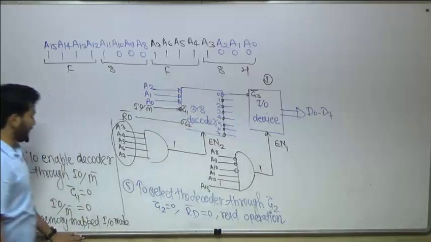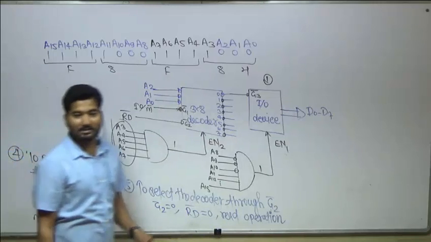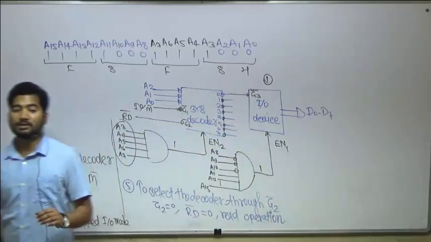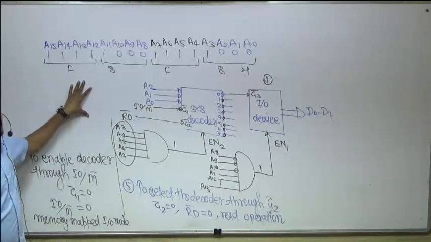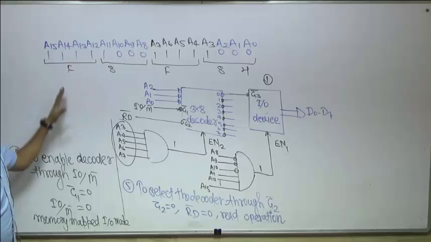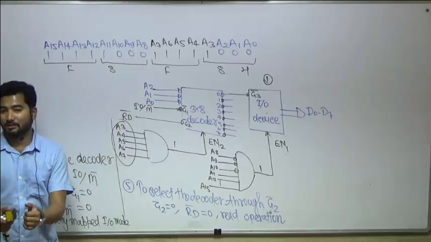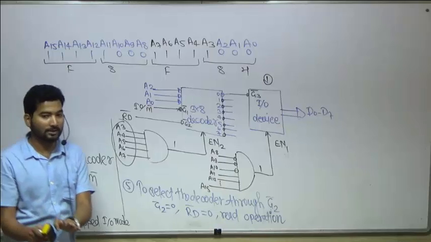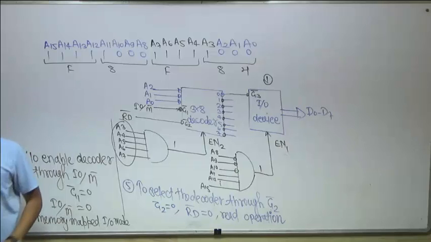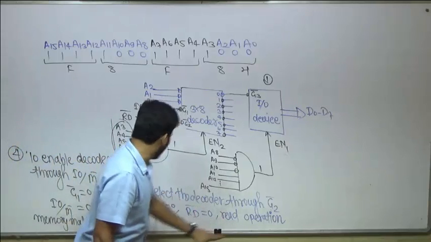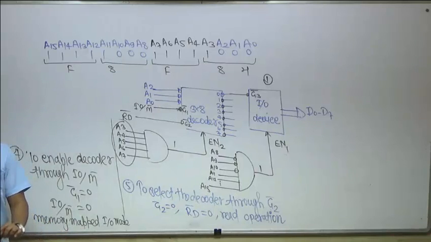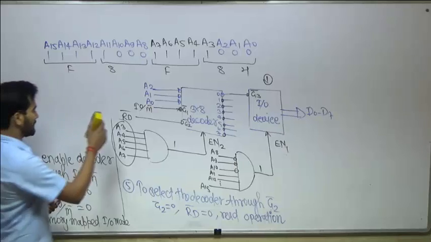In memory mapped IO mode, if you remember the classification, the instructions used are load accumulator 16-bit address, which is equivalent to read operation, and store accumulator 16-bit address, which is equivalent to write operation. So here the operation is read and the mode is memory mapped IO mode. That means we'll use the instruction load accumulator 16-bit address.